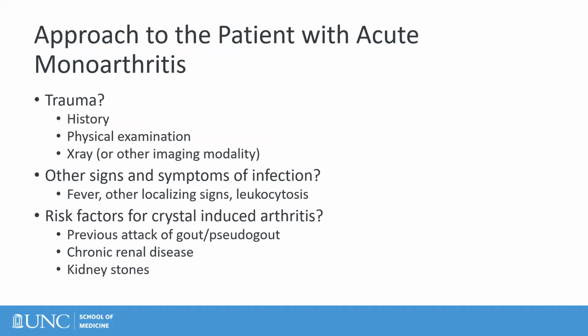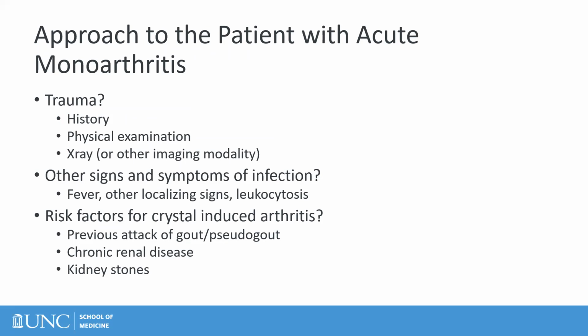So when you're approaching this patient, obviously you want to ask about trauma. That's the easiest thing to start with. Did you injure yourself? That's usually pretty easy to get at, unless the patient is drunk, and we see this. Sometimes a patient's inebriated, falls down, and then they don't recall having injured themselves. Your physical examination is going to be very helpful. X-ray and other imaging modalities can differentiate some of these things.